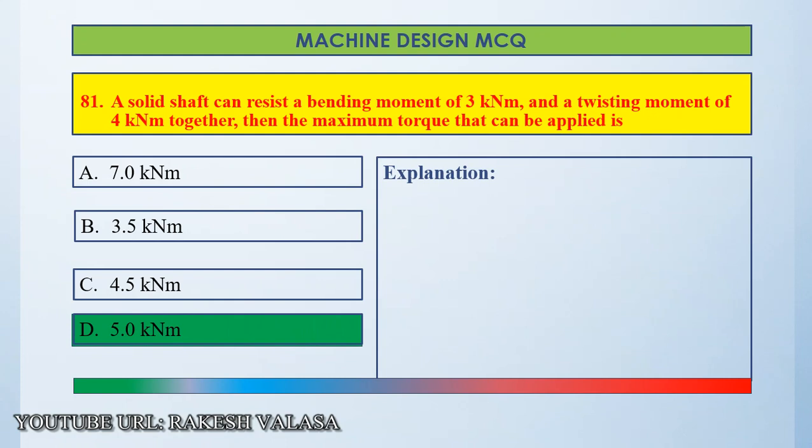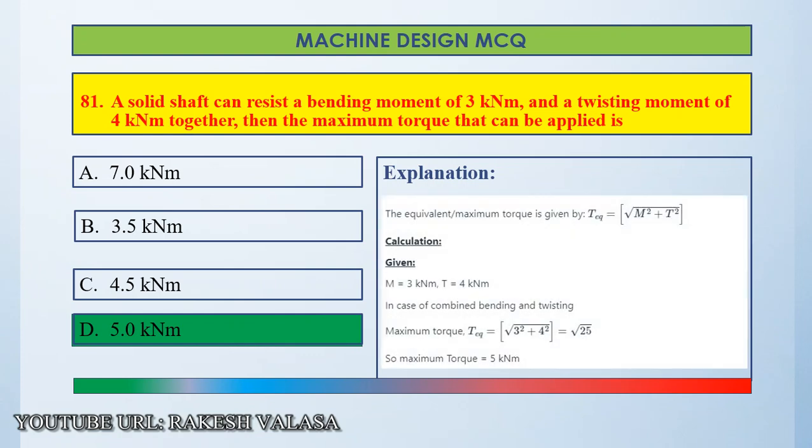The equivalent bending moment equation is 1/2 (M + under root M square plus T square). Similarly, the equivalent or maximum torque equation is T equivalent equal to under root M square plus T square. Here the given data is bending moment 3 kilonewton meter, twisting moment 4 kilonewton meter.